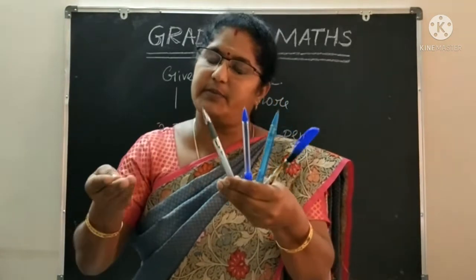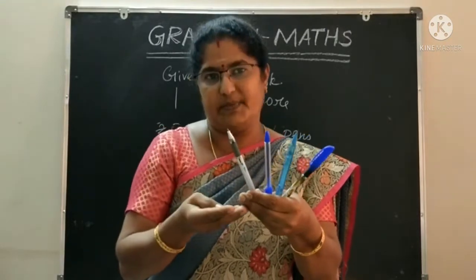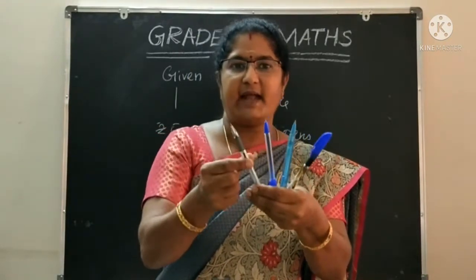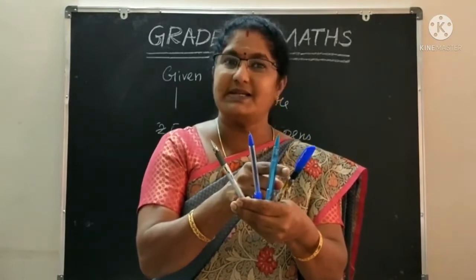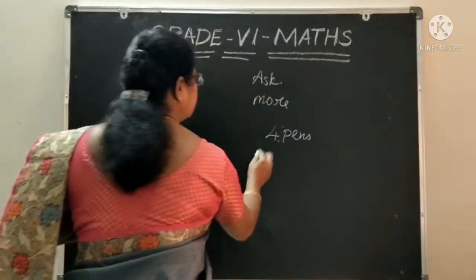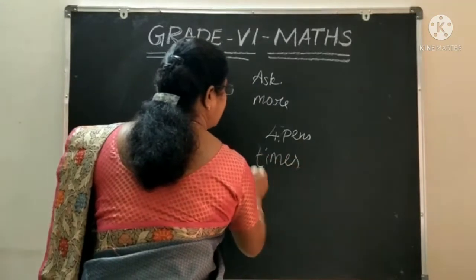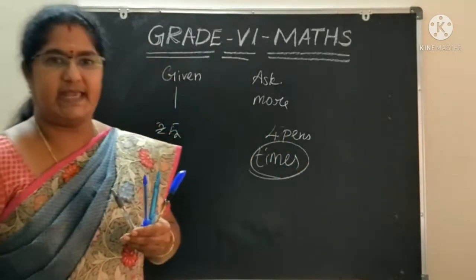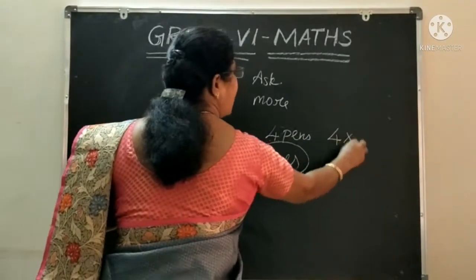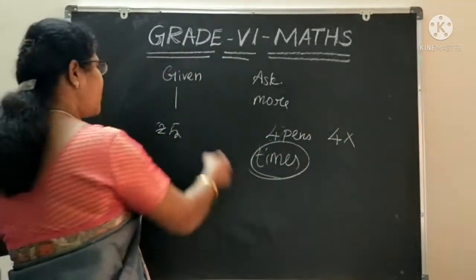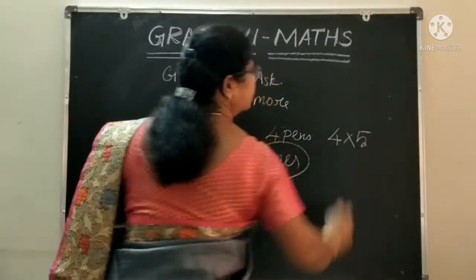What is the other name for repeated addition? Multiplication. So if we add the same number 4 times, the word times is also meant for multiplication. So it is 4 times of 5 rupees.